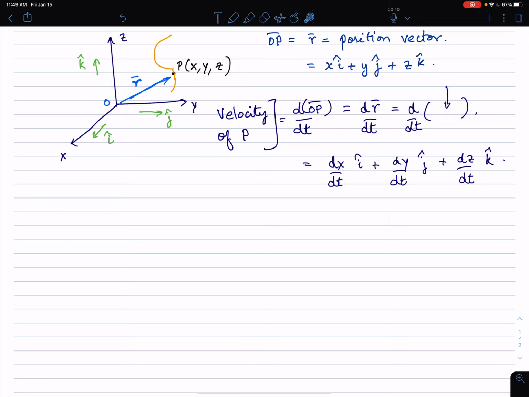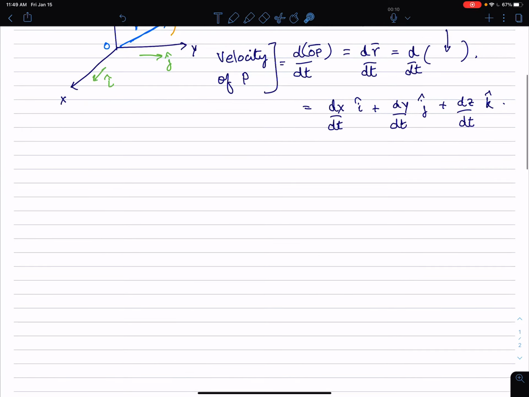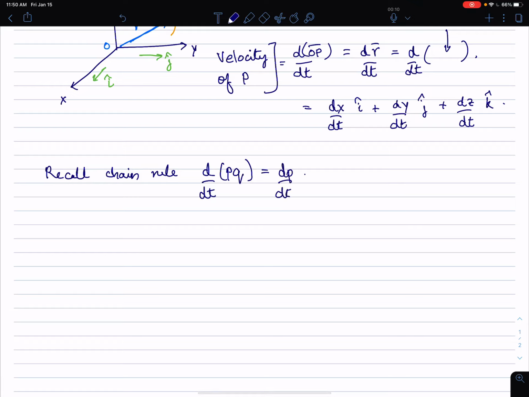If you recall chain rule, d by dt of two things, like if you have x times y, or A times B, recall chain rule. d by dt of, let's say, P times Q, where P and Q are two variables, is basically dP by dt Q plus P times dQ by dt. Okay, so that's how you do chain rule of differentiation.